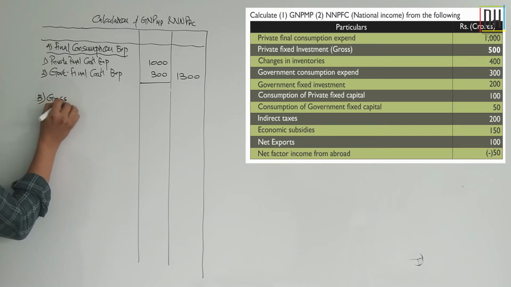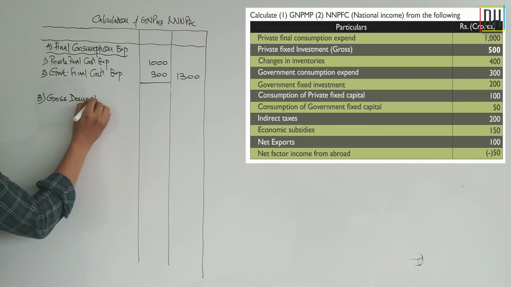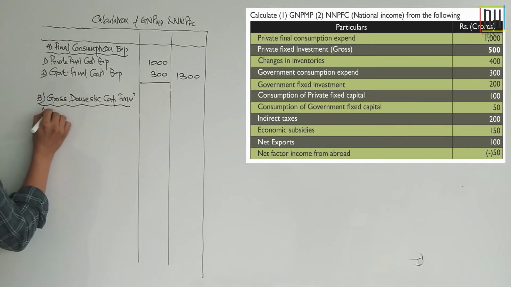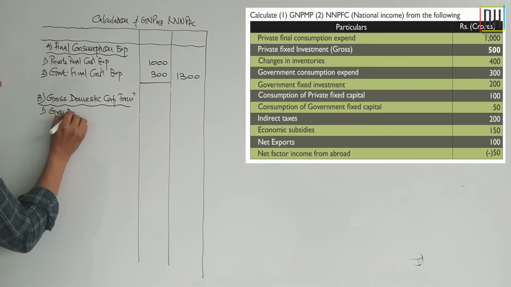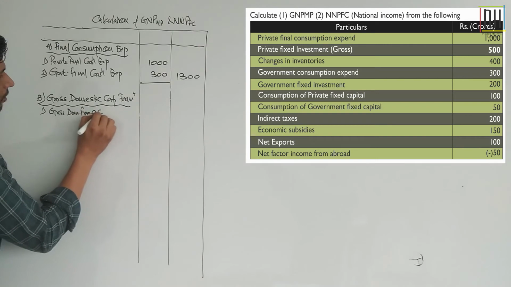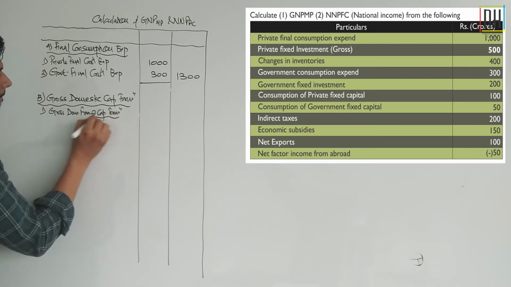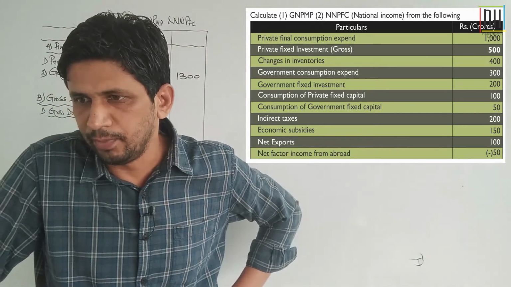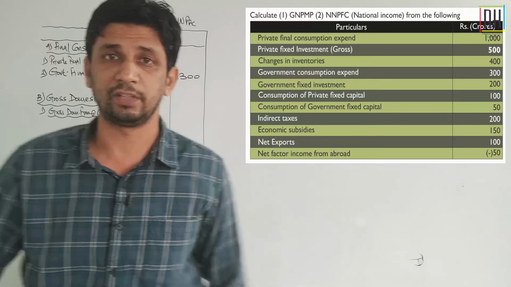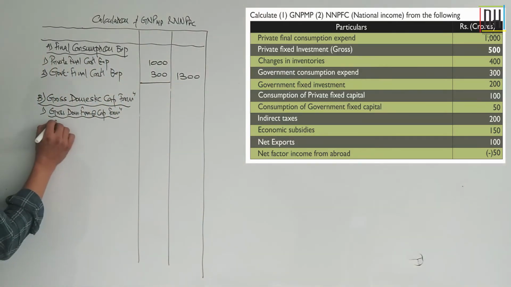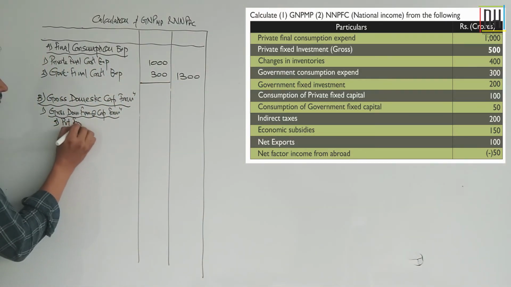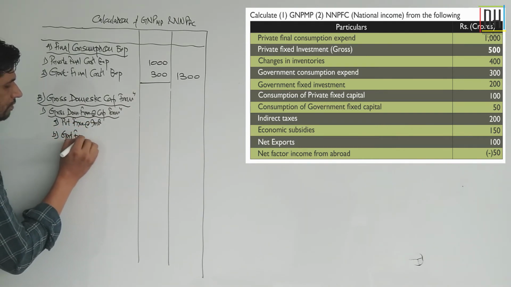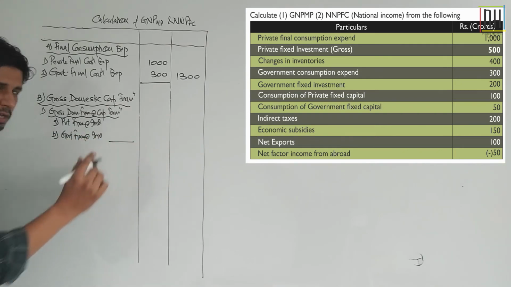B, gross domestic capital formation. In this, first we have gross domestic fixed capital formation. In this we have government fixed investment as well as private fixed investment. We will consider both. Nothing is given about gross or net, so we will consider them as gross values.